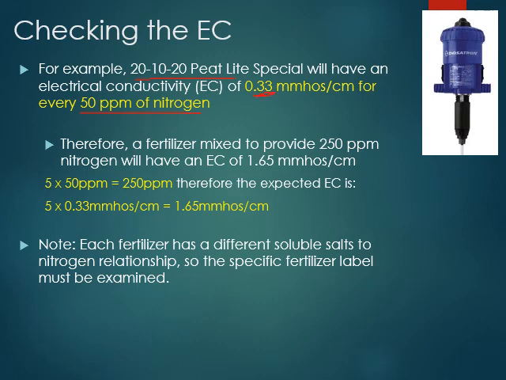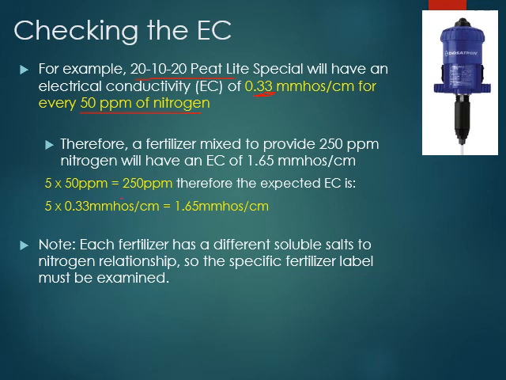So you would check the EC of the water going into the injector and subtract that from the EC you measure coming out of the injector, because we want to measure just what the fertilizer added. Now, typically the water we get from the city is anywhere from an EC of 0.06 to 0.1. So you'd have to subtract that from the value. So if on the other side of the injector you're getting 0.43, that means that we're getting 0.33. That's pretty good.